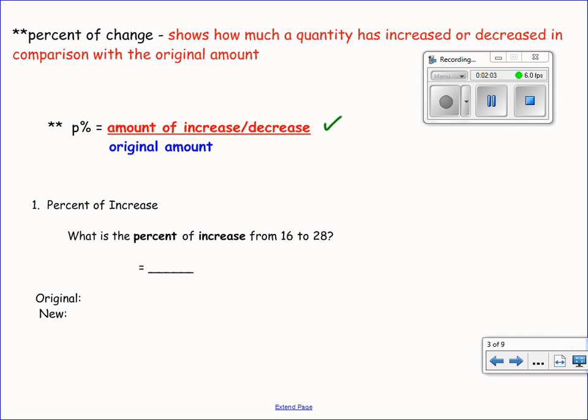What is the percent of increase from 16 to 28? So the first thing you'll need to do is determine the difference of 28 and 16. And that's 12. So you take that, and it will be your numerator, 12, over your original amount, which was 16.